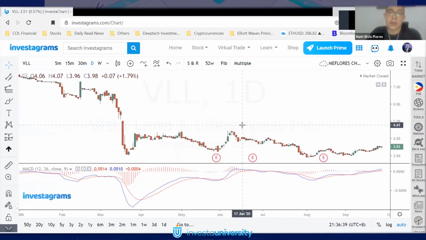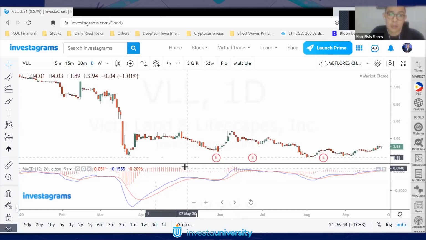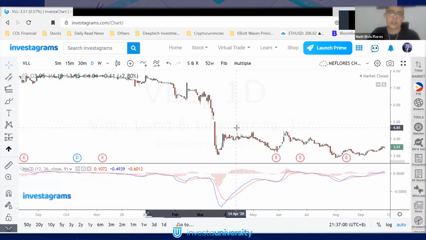Okay? So like I mentioned kanina, 'di ba? Yung MACD, we have three components. Number one is the MACD line, which is the blue line. Pangalawa is the red line, which is the signal line. Pangatlo is the histogram. 'Di ba? You have your MACD line and then the signal line. Okay. Focus first on the crossovers.